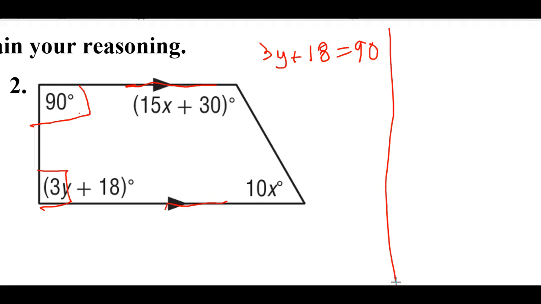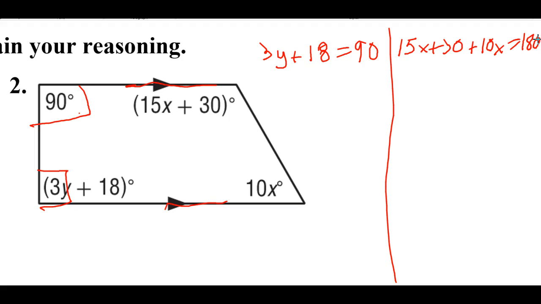Okay. Second one, not quite as easy. 15x plus 30, they're not equal to each other. But if I take 15x plus 30 plus 10x, they're supplements, so they ought to add to 180. Okay, 15x plus 30 plus 10x equals 180.